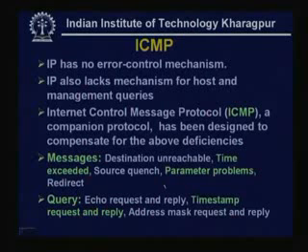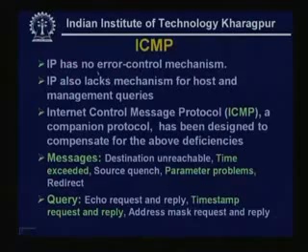Now, let us discuss ICMP, a companion protocol used along with IP protocol. We have seen that IP is a best effort unreliable protocol. So, if an error occurs, if a frame gets corrupted or if it is not delivered, the source will not know about it.